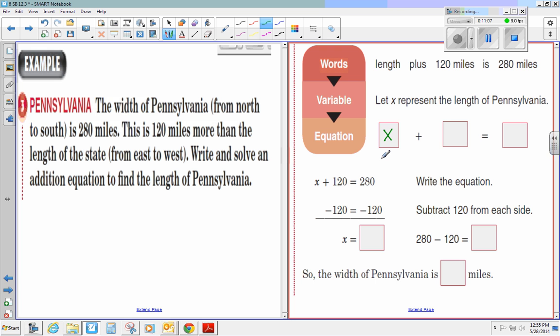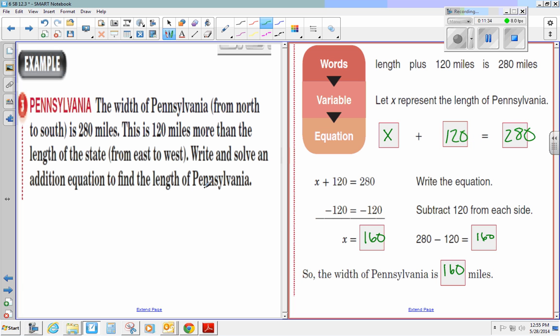And the length is 120 more, so more means plus, than the 280. So x plus 120, we're going to use a subtraction from both sides. 280 minus 120 is 160. So the width of Pennsylvania is 160 miles.